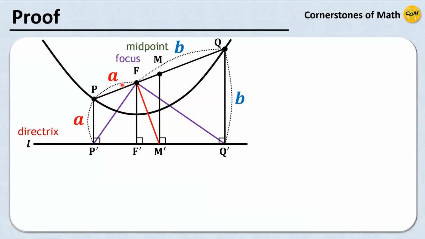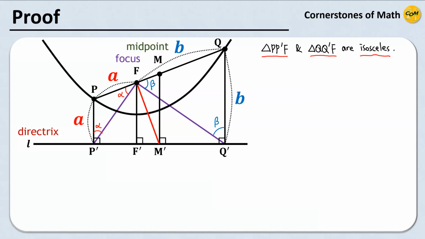Due to the aforementioned equidistant property of parabola, we know that triangles P prime F and Q prime F are both isosceles. That is, in terms of angle consideration, if we let the measure of angle P prime F be alpha, then angle PF prime is also alpha, and if we let angle Q prime F be beta, then angle QF prime is also beta.